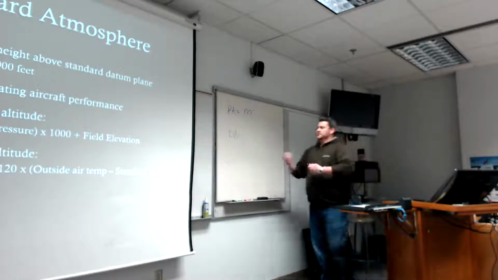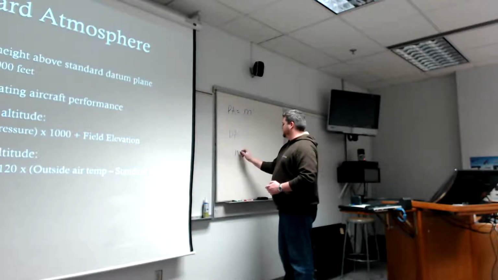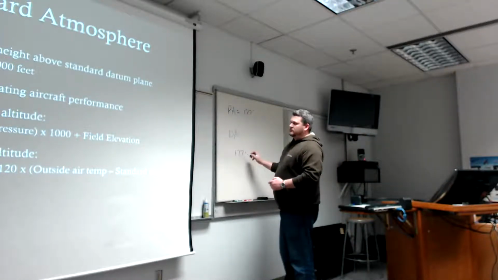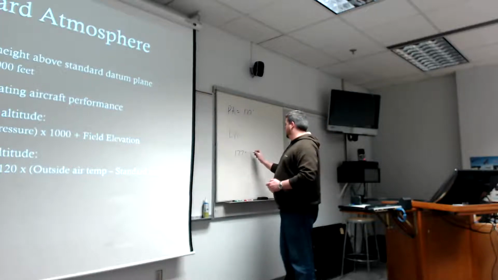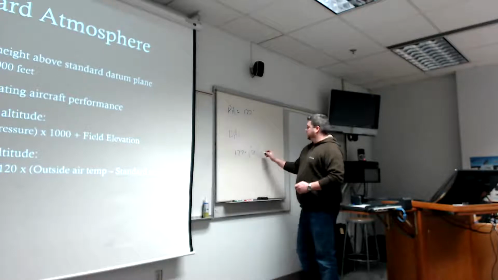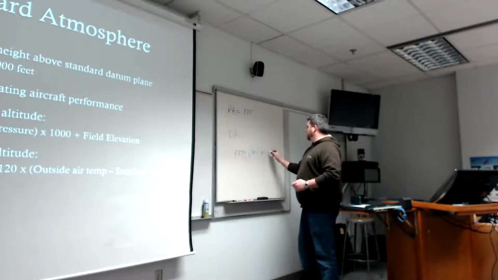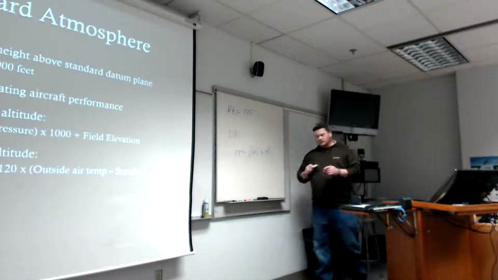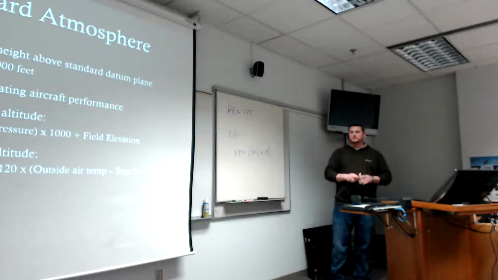All right, so the pressure altitude is 177, plus... I got negative 5,346. Whoa. Why is this different every time I type this in?